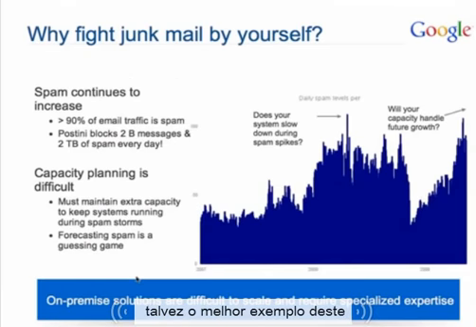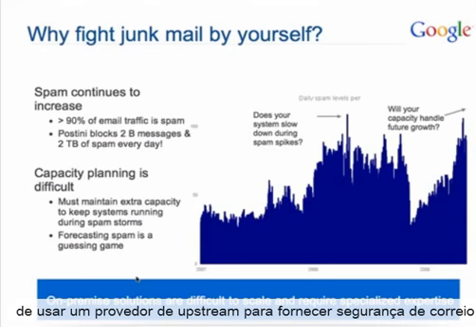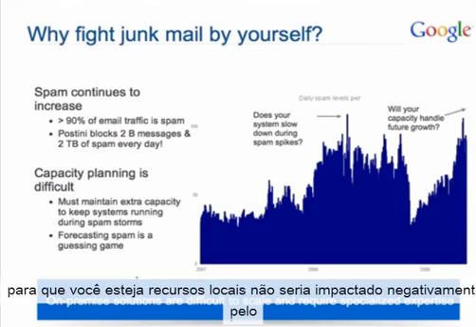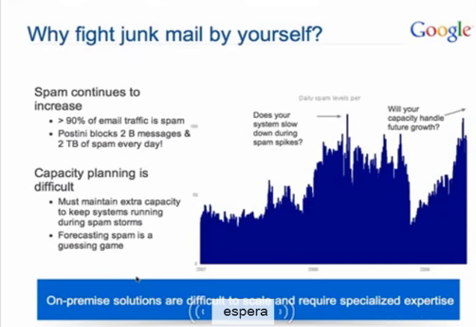Perhaps the best example of this would be the area of mail security. Several years ago, the industry settled on the notion of using an upstream provider to deliver mail security so that your local resources would not be negatively impacted by unpredictable bursts of traffic that you didn't expect nor ask for in the first place.